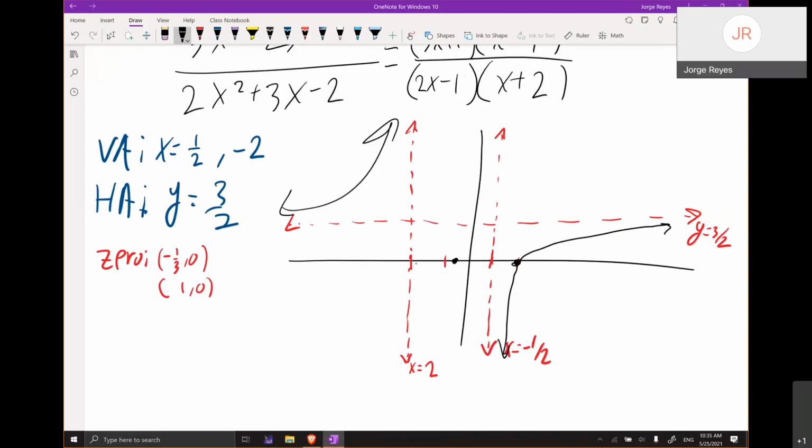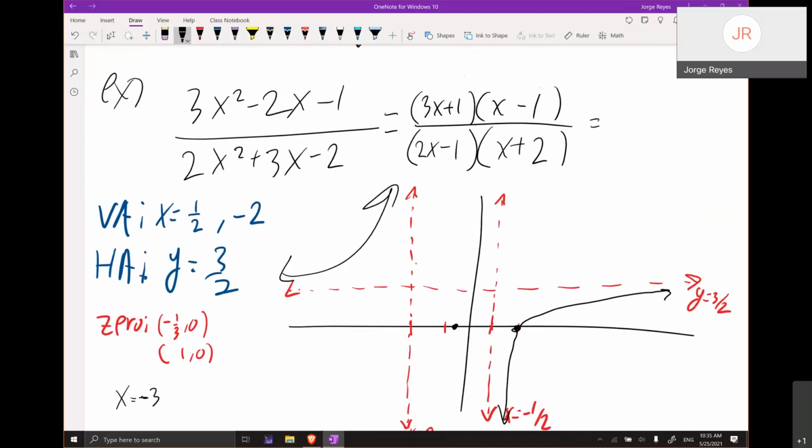Okay, so I'm gonna check x equals -3. What happens when I plug in -3? So here, I'm gonna do kind of like the sign chart thing I did, where I'm not really gonna care what numbers I get. I just want to check, is it gonna be positive or negative? Actually, no, I think I actually have to care though, because this is 1 and this is 3/2. So I'm actually gonna plug in. Just kidding, I lied. -3.